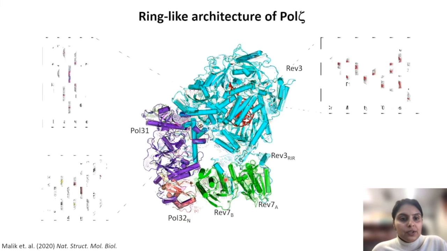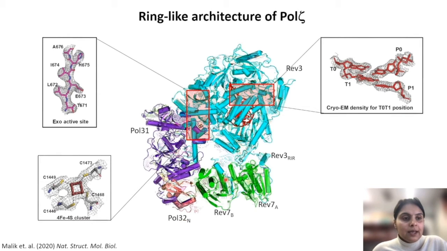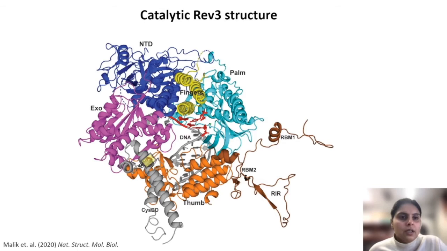And if we zoom into the details, we see a very clear density for various regions of the maps, such as the active site, the exonuclease site, as well as the iron sulfur cluster. So if we look at the catalytic module Rev3 in further detail, we find that the domains are arranged in a similar fashion as the B family polymerases.